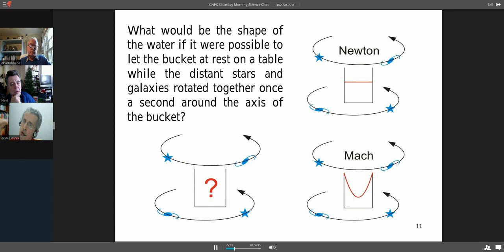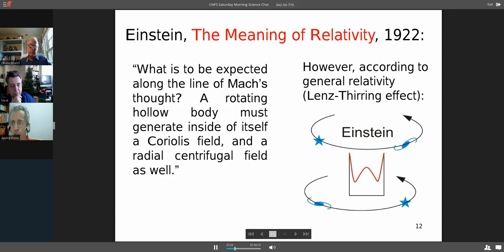He needed to modify Newton's law of gravitation in order to show a real centrifugal force. Here are the words of Einstein in his book, The Meaning of Relativity. What is to be expected along the line of Mach's thought? A rotating hollow body must generate inside of itself a Coriolis field and a radial centrifugal field as well.